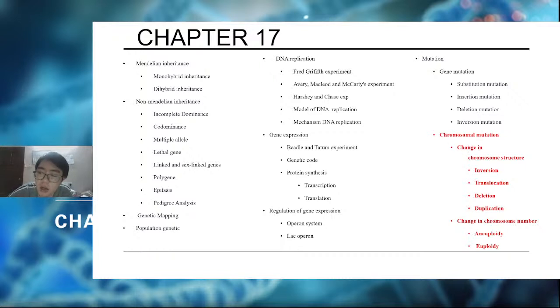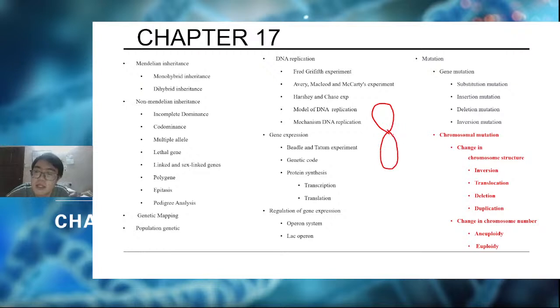So, chromosomal mutation, there are two types. The first one is change in chromosome structure, and another one is change in chromosome number. In chromosome structure, there are four types, and in chromosome number, there are two types. As we know, a chromosome looks like this.